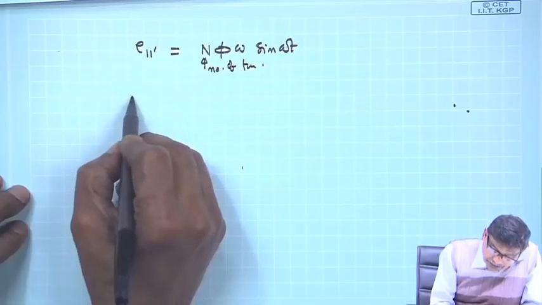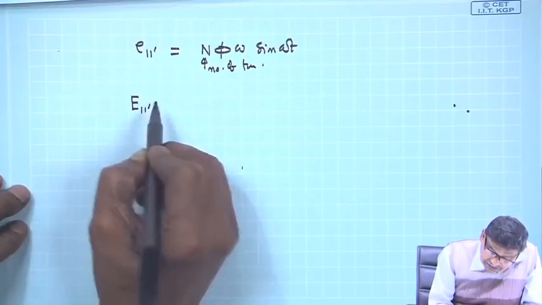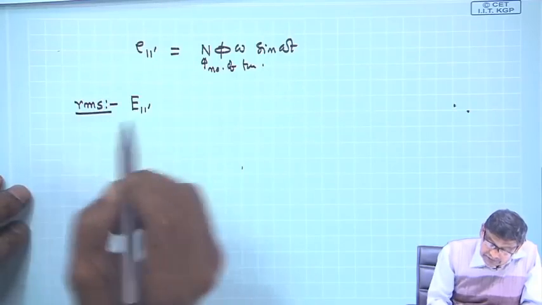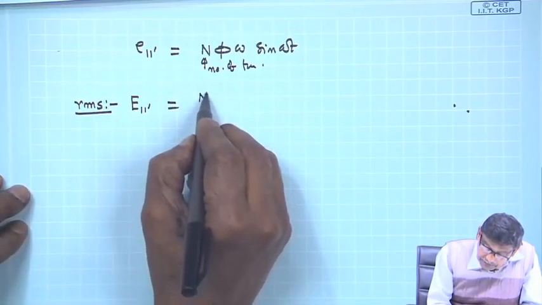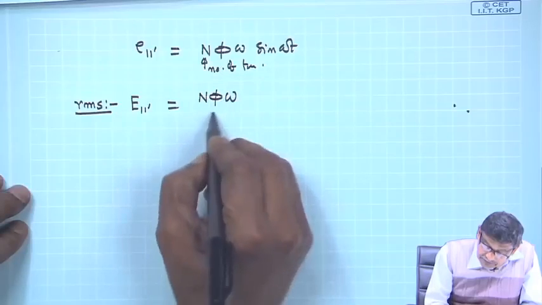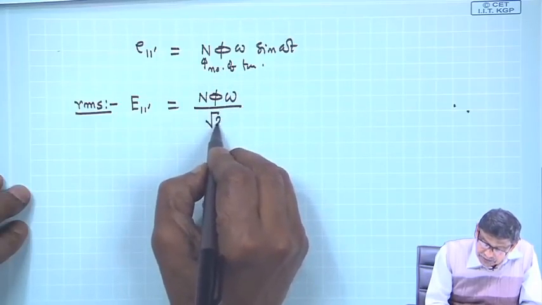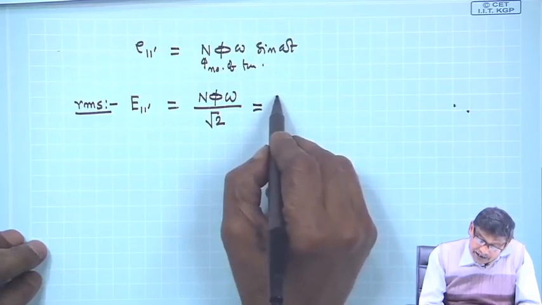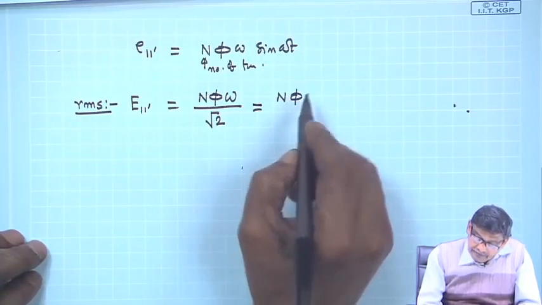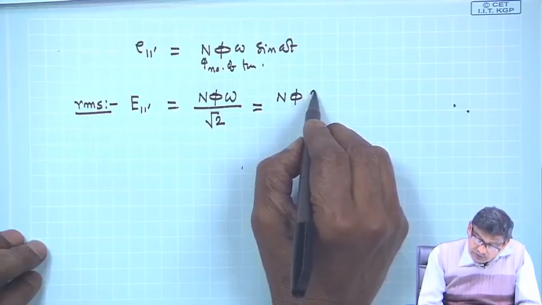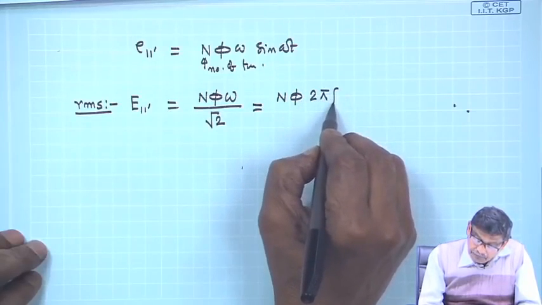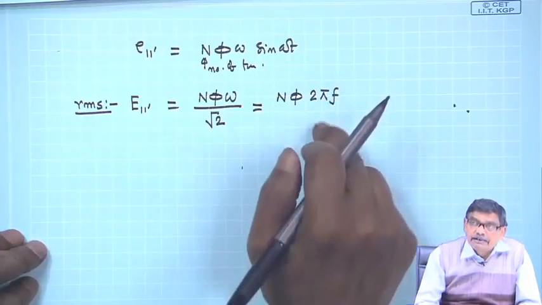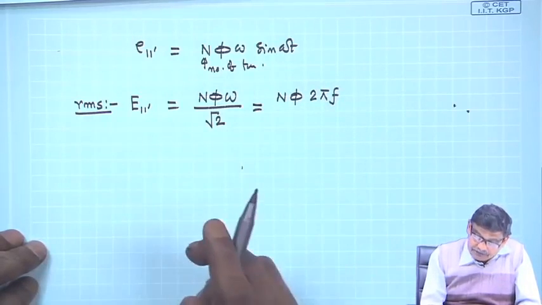So, what will be the RMS voltage? E 1 dashed RMS voltage, the RMS value of this voltage, will be equal to simply this divided by root 2, and this omega n phi can be written as 2 pi f, where f is nothing but n RPS expressed in electrical degree, and n is the number of turns.